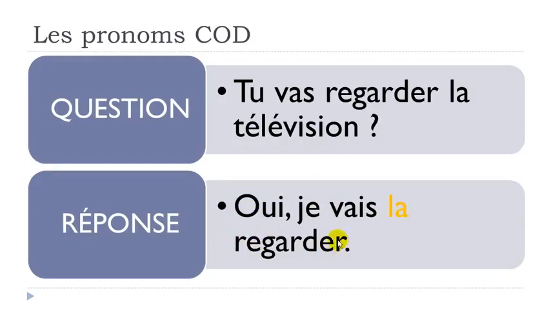I'm not telling you that it will come between the two verbs, because you can have many things between them. So focus on this idea that it will come before the second verb. Oui, je vais la regarder.